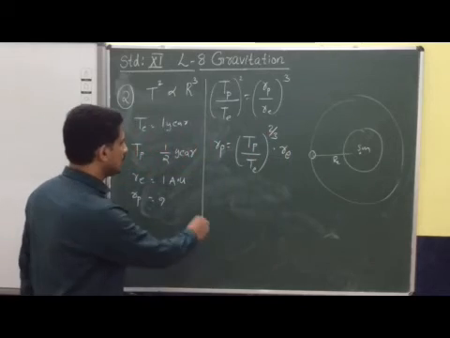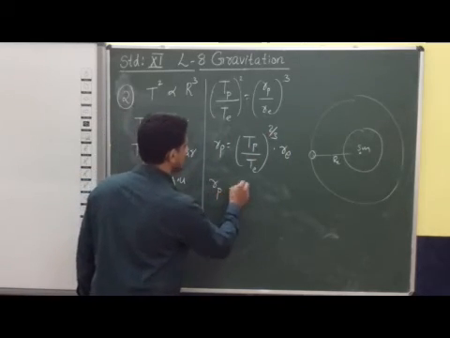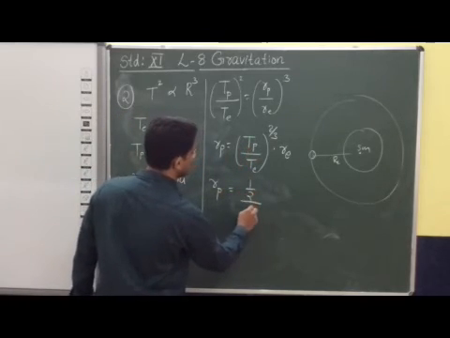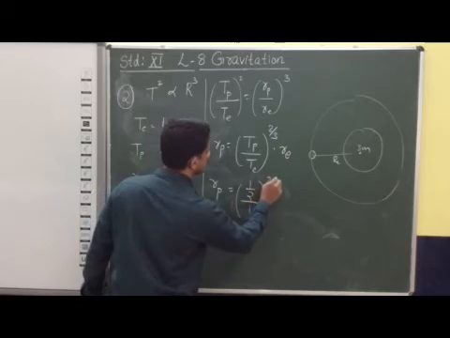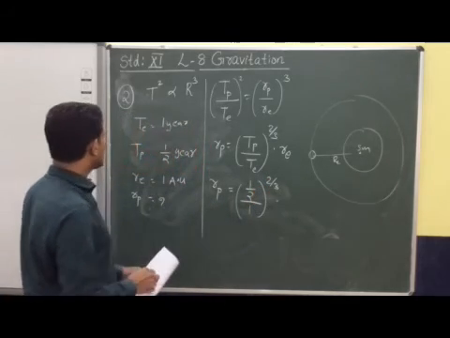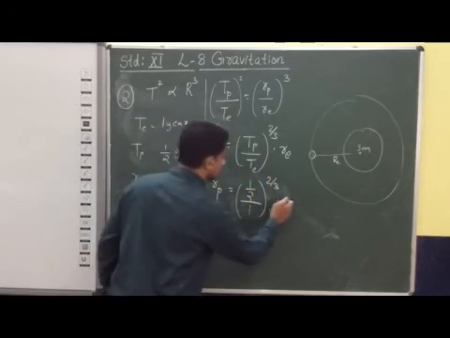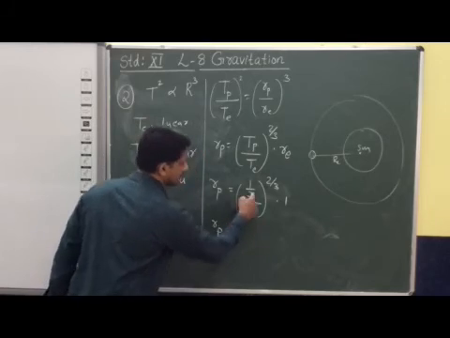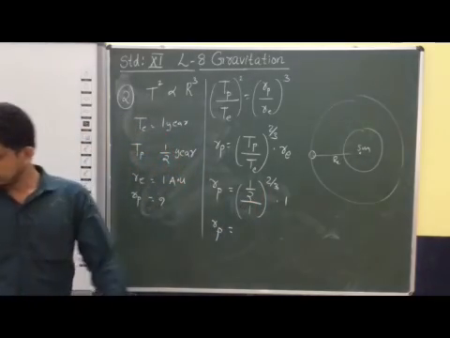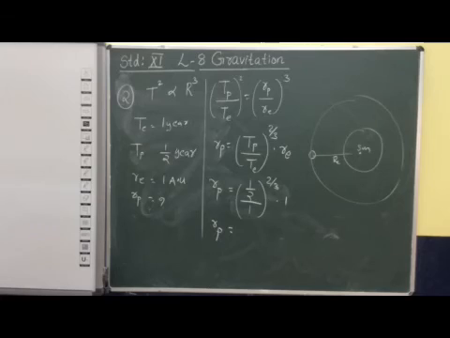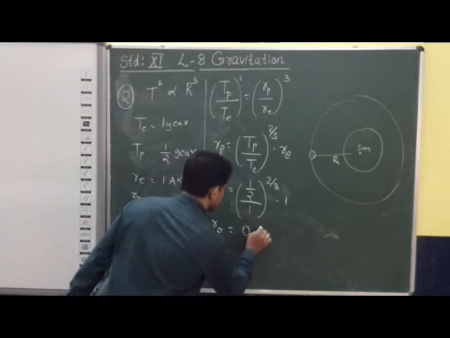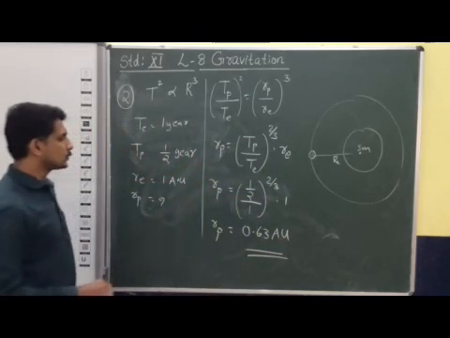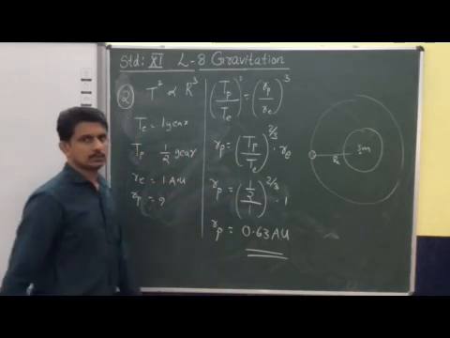The time period of the planet is half, and the time period of the earth is 1, so half raised to 2 by 3 into the radius of the earth, which is one astronomical unit. So you will get the answer as 0.63 astronomical units. This is how we can calculate the orbital size of that planet.